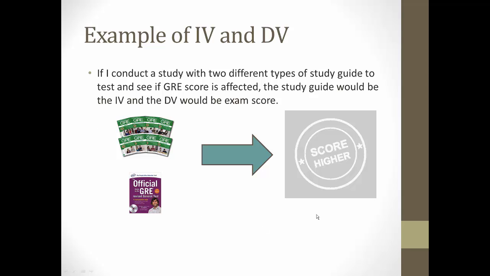Now the dependent variable would be the score, the GRE score. So basically we want to see, is one of these going to help the GRE score become higher. So the study guide is the predictor and the outcome is the score.